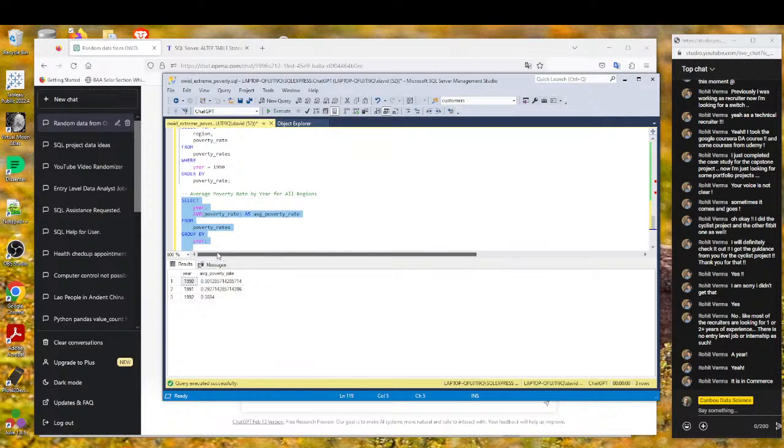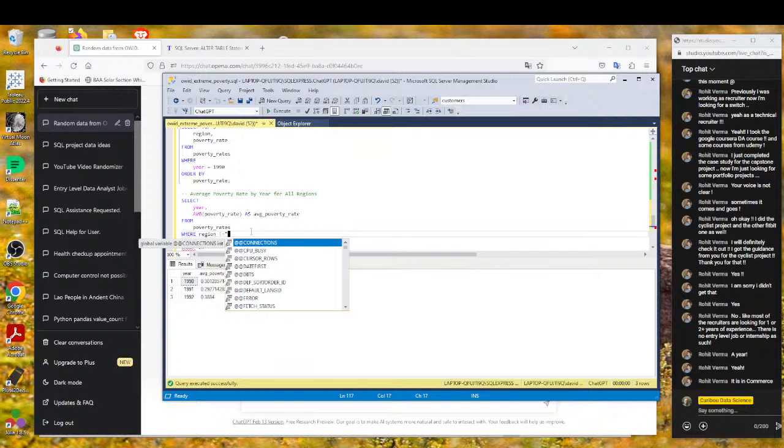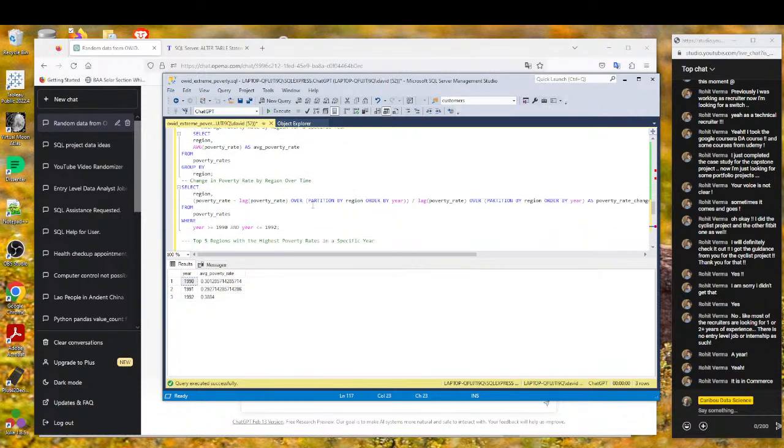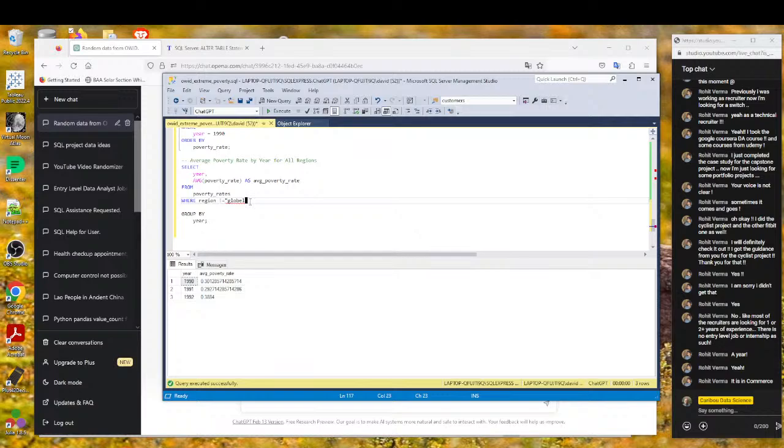Where what? So let's do this. So we actually want this rate without the global one.